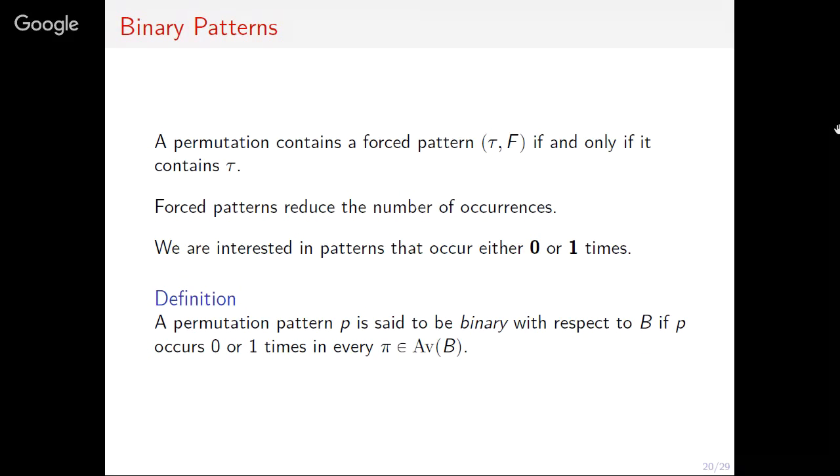It's important that these patterns occur 0 or 1 times, as we will see very soon, because this allows us to pick a unique occurrence of the classical patterns and deconstruct the permutations using it.